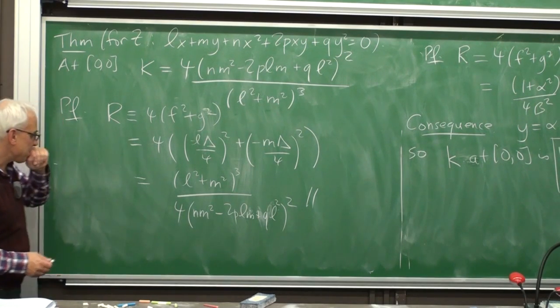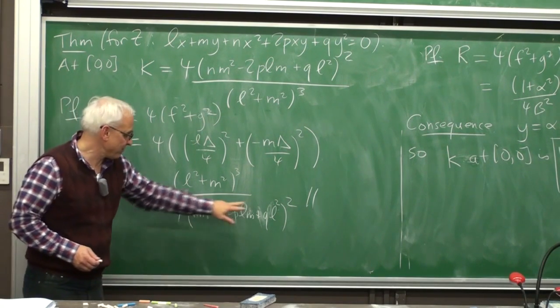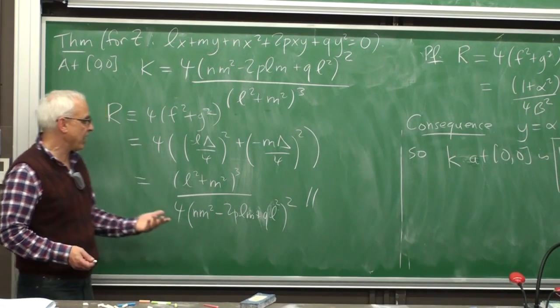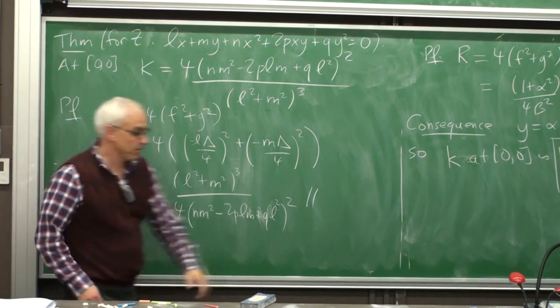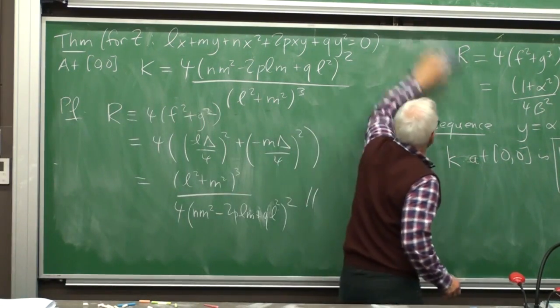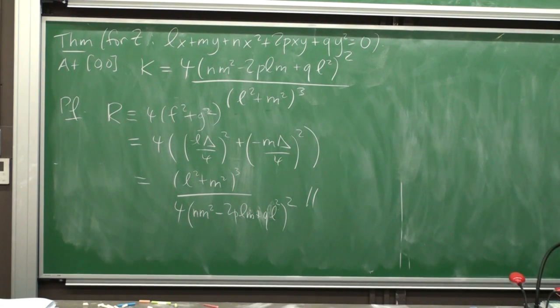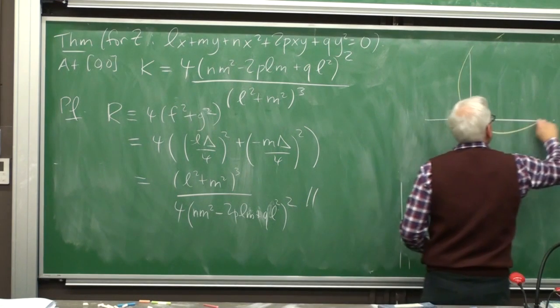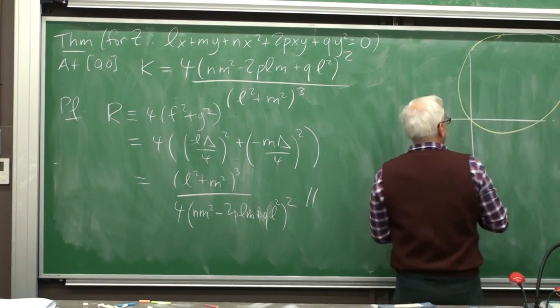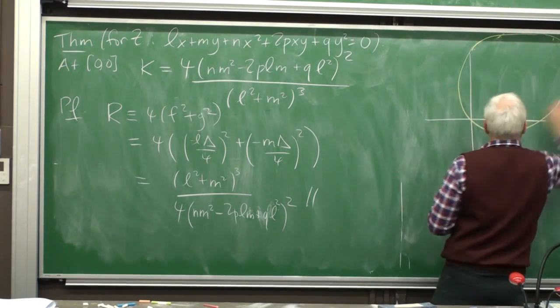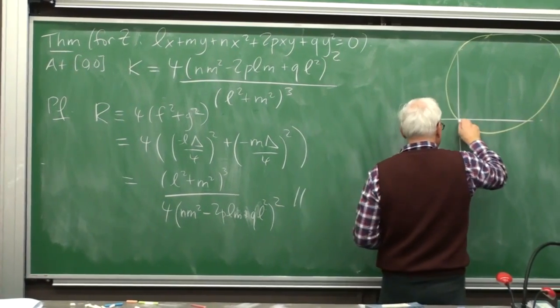Okay, so there's something to be said here about what this term means. It's clear what L squared plus M squared sort of means. So in terms of the geometry, there's some conic, Z, and it goes through the origin.